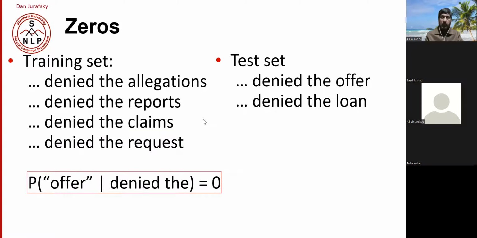This is the training set. But in the test set, you have denied the offer. If you learn on the training set, you will not find that sequence, denied the offer. And when you go to the test set, it will assign a probability of 0 to that, even though it is a correct sequence of words.